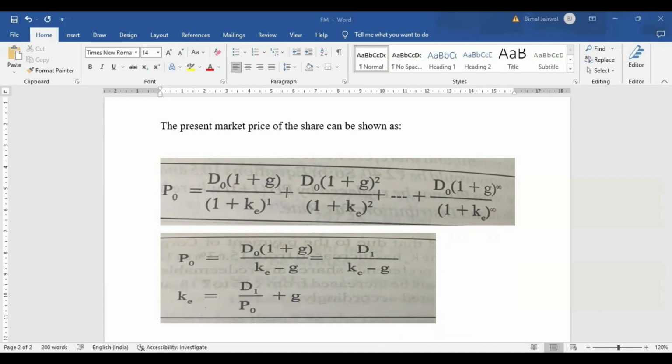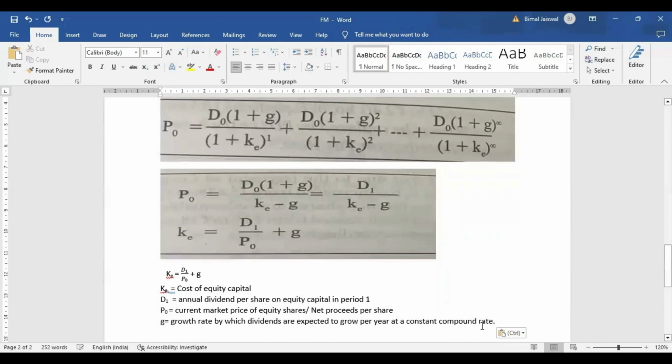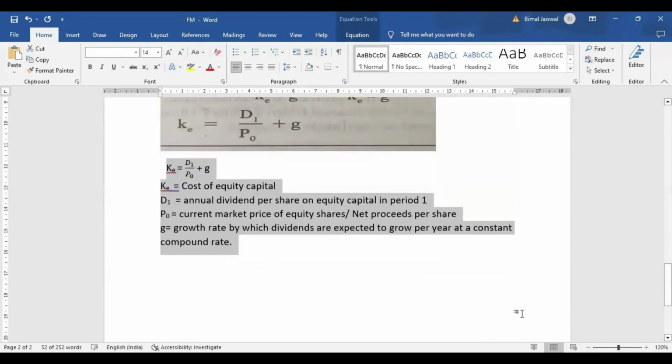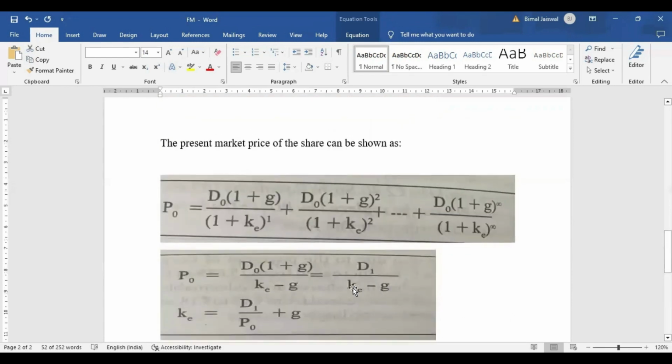We can write it all in one go in this form: KE is equal to D1 upon P0 plus G. KE is the cost of equity capital that we are supposed to calculate. D1 is the annual dividend per share. P0 is the current market price or net proceeds, as we have discussed earlier. And G is the growth rate, which is expected to grow at a constant rate, also called the normal growth.